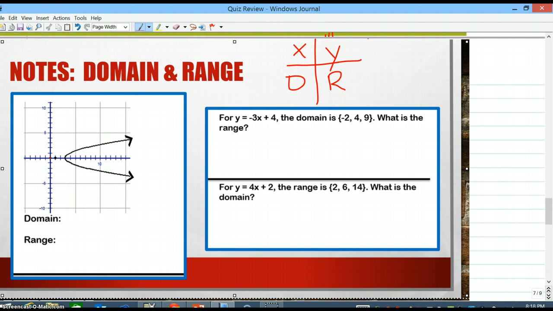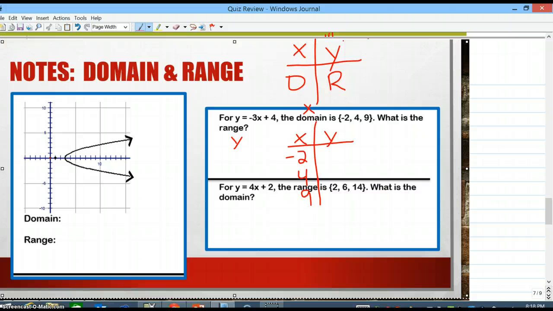That means x is our domain and y is our range. So we're given x values. I'm going to start by making a table with these x values. I have -2, 4, and 9. And I'm trying to find the corresponding y values to these x values.